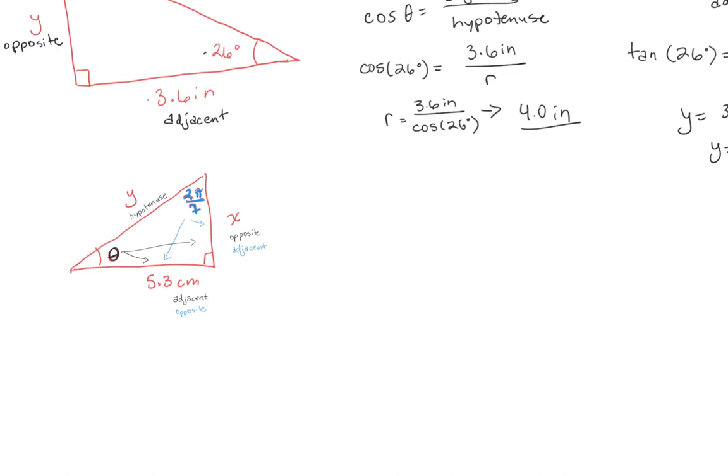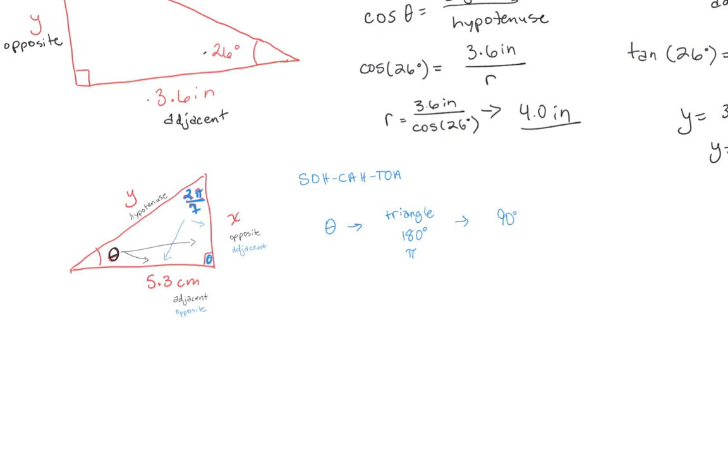If we remember SOHCAHTOA, like we did in the top one, if we're trying to find x or y, we can use either angle, right? But let's find theta first. If we remember, all 3 angles in our triangle should add up to 180 degrees, or pi, right?